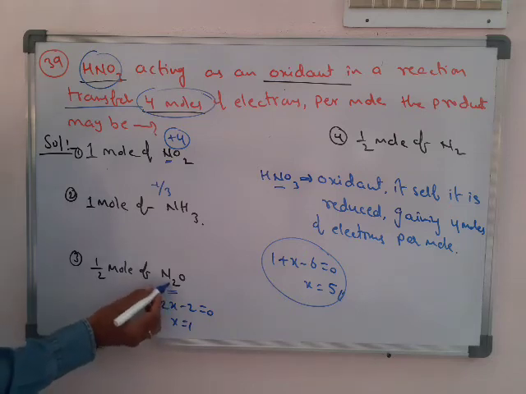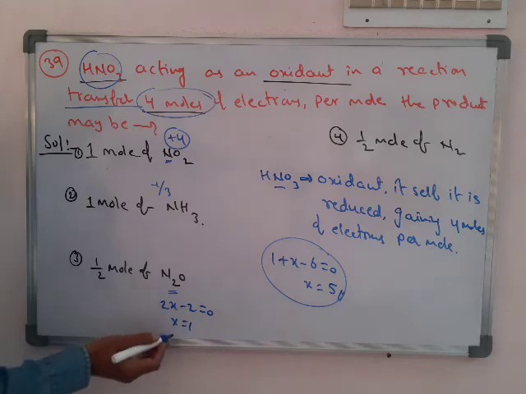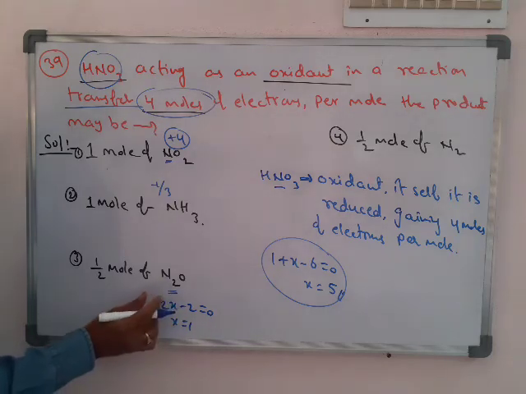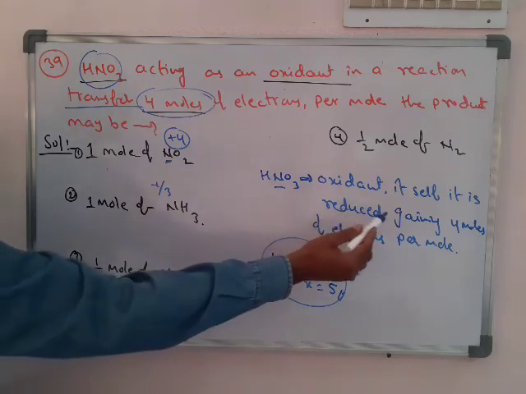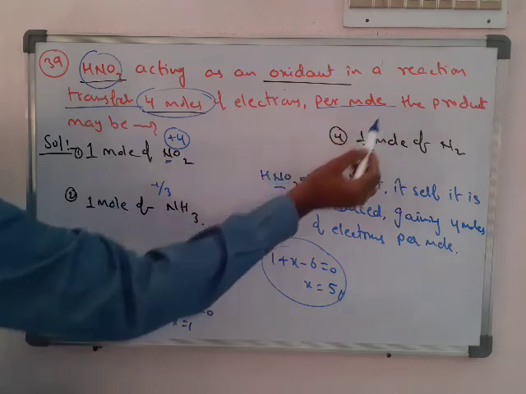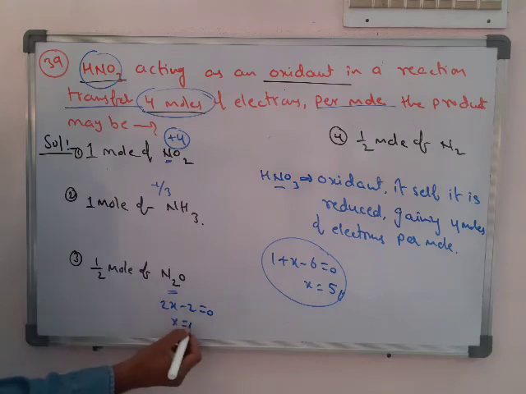So 2 nitrogens are having 1, means 1 nitrogen is having how much? 1. So for 1 mole of compound, the electrons per mole of the product: here 2 nitrogens, 1 each, so for 2 nitrogens it is 2 electrons.